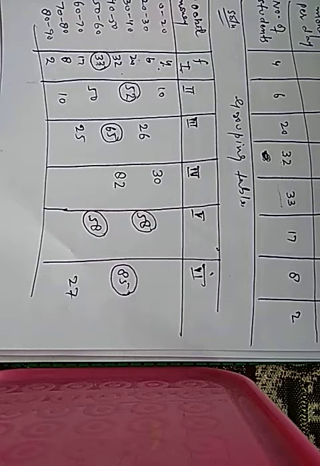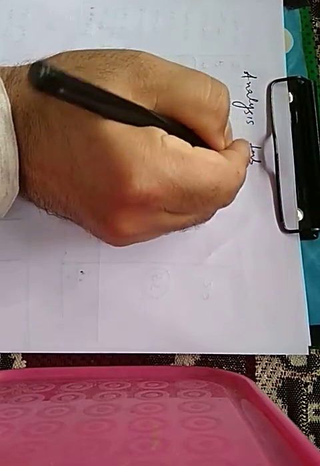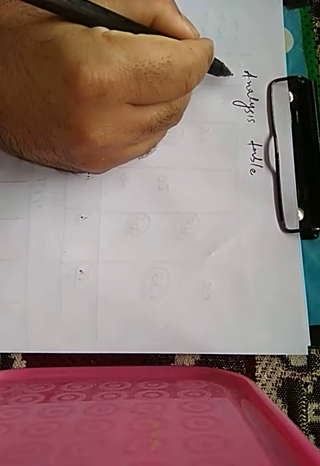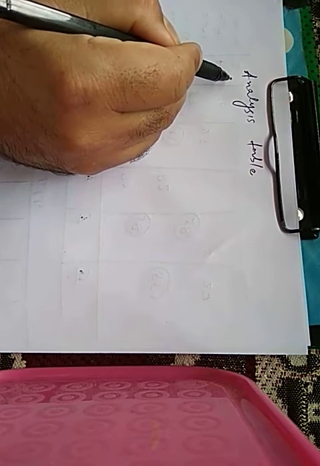Now the next step is to derive the analysis table on the basis of the grouping table. जैसे कि आपको मालूम होगा कि हम एनालिसिस टेबल में मार्क करते हैं, टिक मार्क या वर्टिकल बार में दिखा सकते हैं the frequencies against the different class intervals. उसके बाद हम उनको ऐड करते हैं to determine the value of modal class. To know which one is modal class. Analysis table.